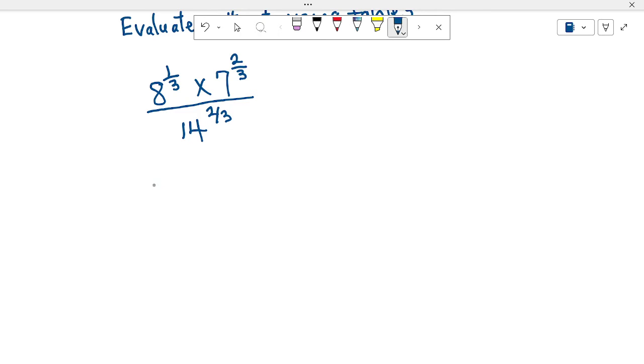Okay, so let's break down 8 raised to power 1 all over 3. If we break it down, 8 is 2 raised to power 3. Raised to power 1 all over 3.